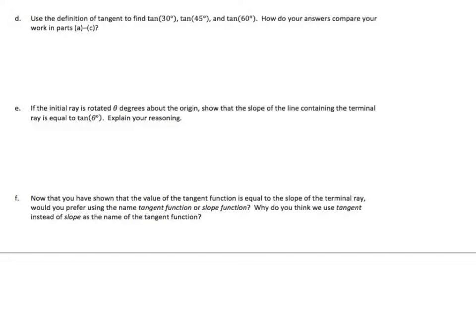Awesome. Okay, use the definition of tangent to find tan 30, tan 45, tan 60. How do your answers compare to the work in parts A through C? If I had those same drawings in front of me, which you may have sketched yours, you have them in front of you, I know that tan 30 is opposite over adjacent, which is 1/2 over square root of 3 over 2, which rationalizes into the square root of 3 over 3.